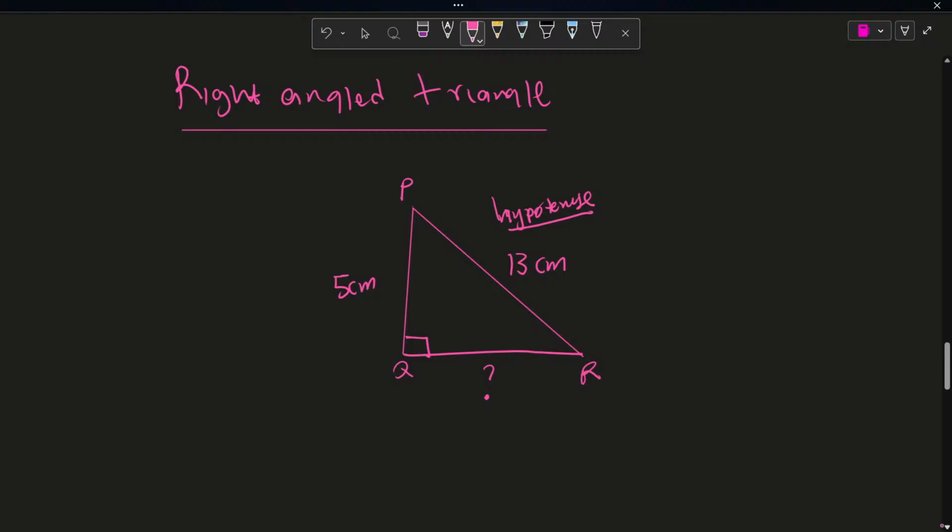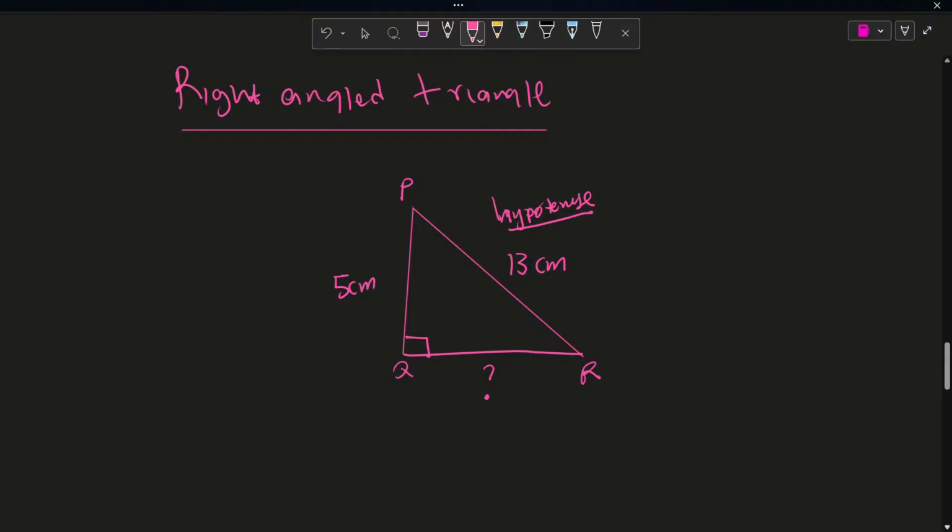When we talk about opposite, it's when we go to grade 10. In grade 10, we have opposite and adjacent and also hypotenuse. But for grade 8 and 9, you don't talk about that, because I understand we have grade 8 and 9 learners here and some grade 10s.